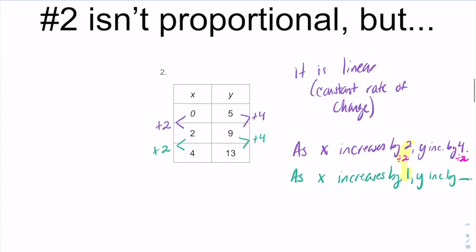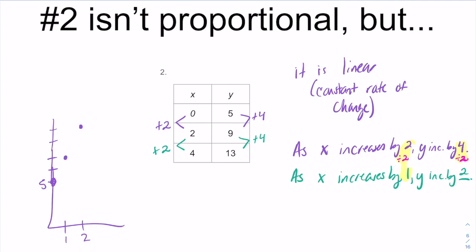So as x increases by 1, y increases by 2, because 4 divided by 2 gives me 2. Every time x increases by 1, if we were on a graph, we're starting at 5, and if x increases by 1, my y is going to increase by 2. So there we see the unit rate showing up in the graph. X increases by 1, y is increasing by 2.